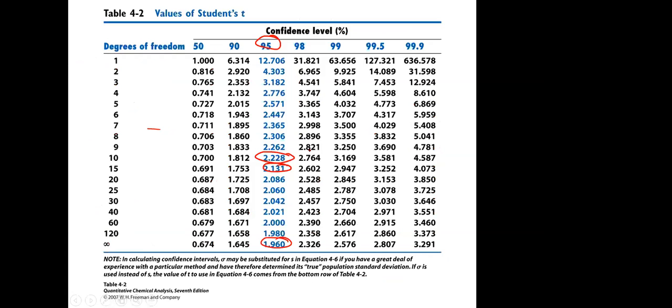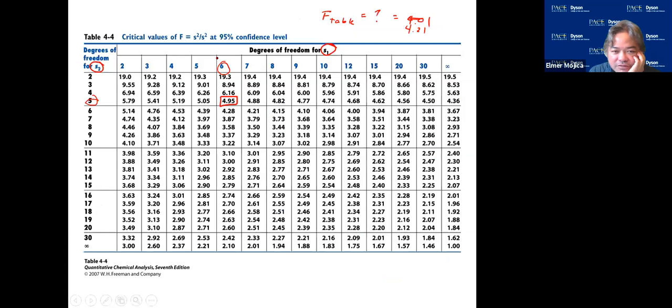So if we're going to look at the table, the one that will meet between 6 and 5, because this is the S1, so 6 degrees of freedom, and this is the S2, 5. Wherever they meet, that's 4.95. Not this one, because that's 7 and 6. But that's the number of replicates, not the degrees of freedom.